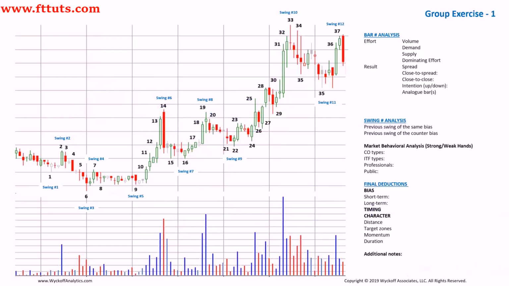And now the price is going to go up in a much better, more controlled way, where supply is not going to be a problem anymore. Why? Well, because all of the supply that has been at this level has been absorbed, and all of the price levels have been tested.